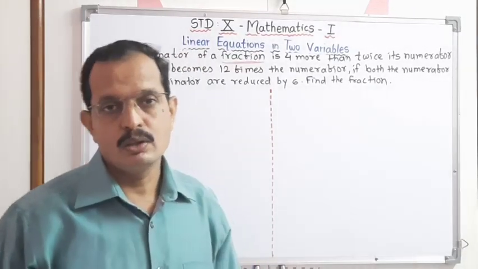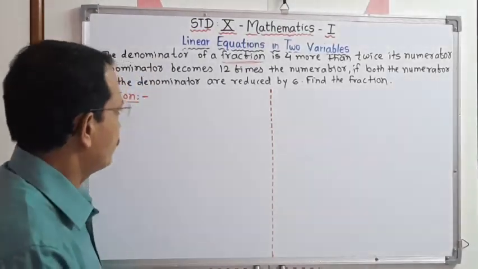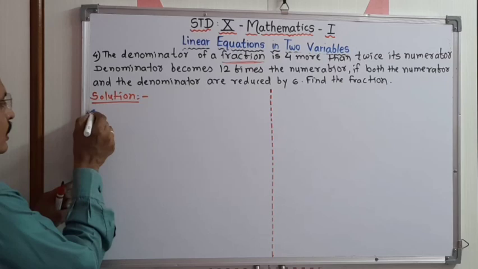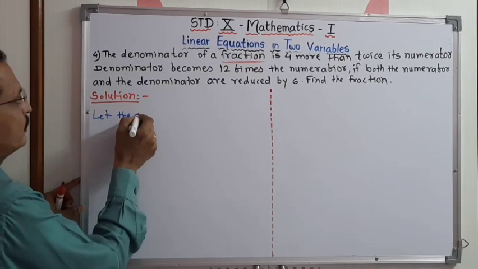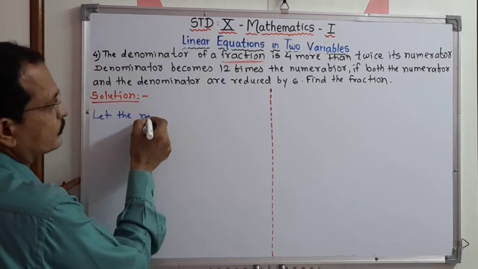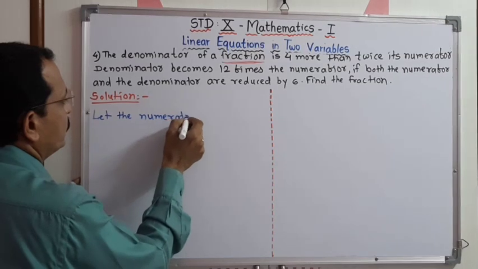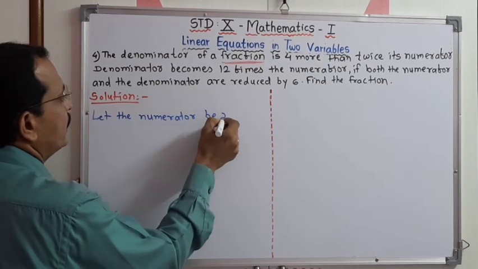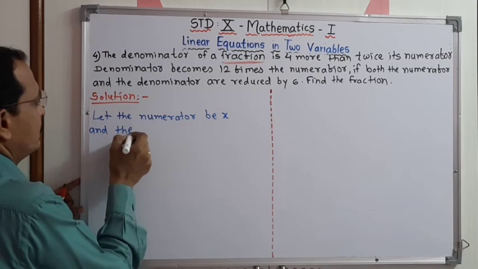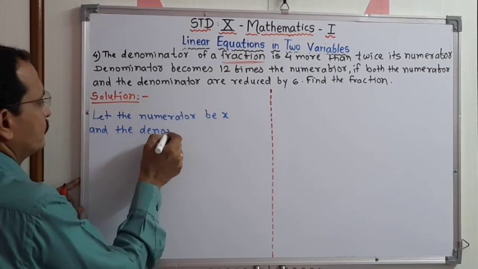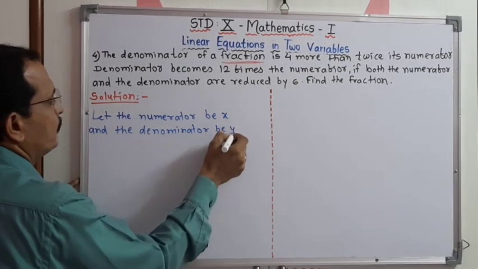First is for numerator and second is for the denominator. Therefore first of all we have to write here, student, let the numerator be x and the denominator be y.